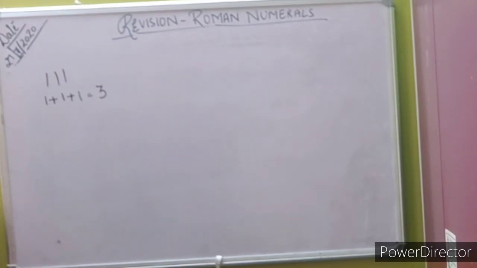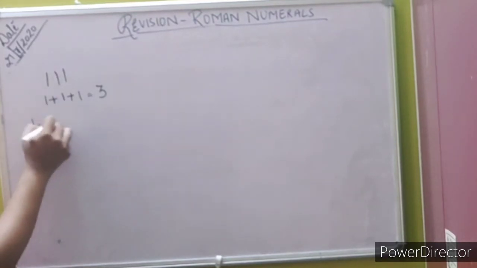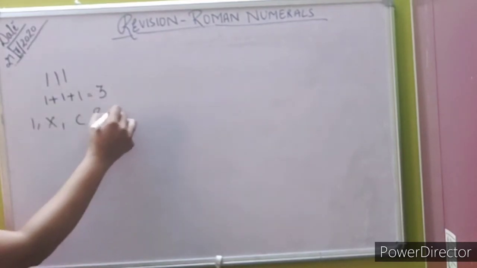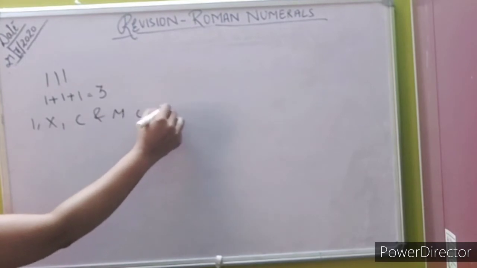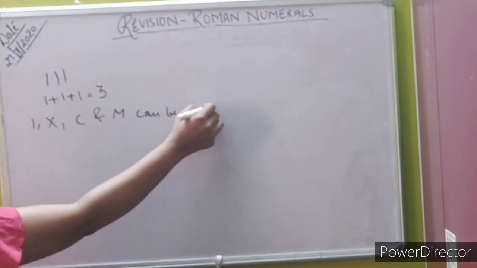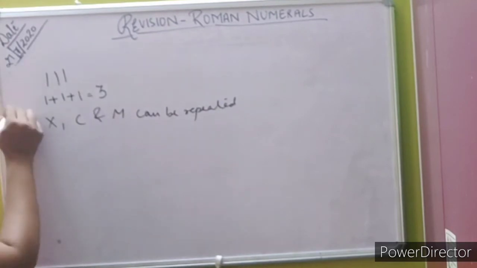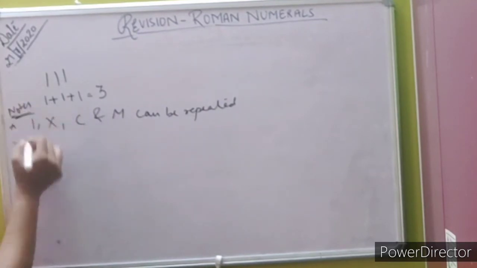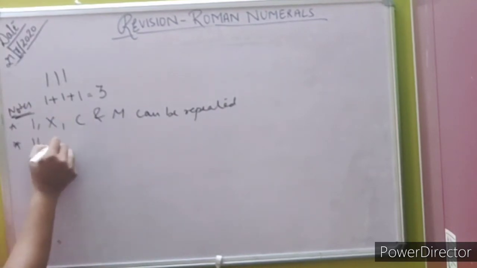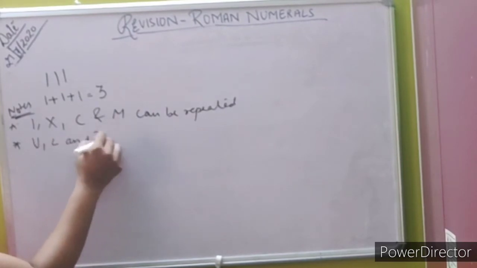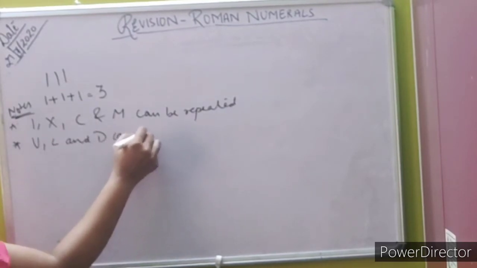And only I, X, C and M can be repeated. Write these notes: V, L and D cannot be repeated.